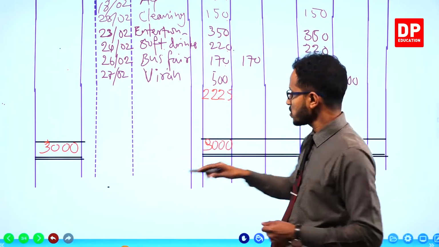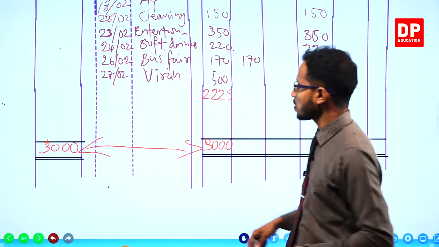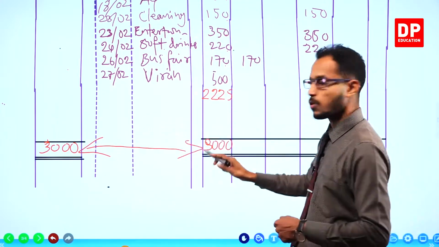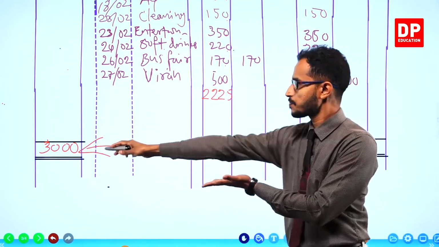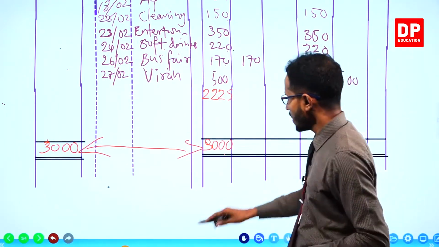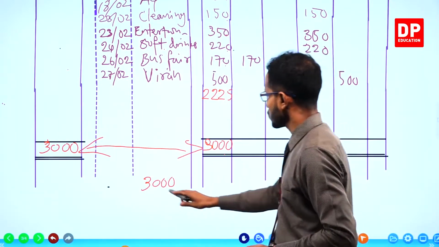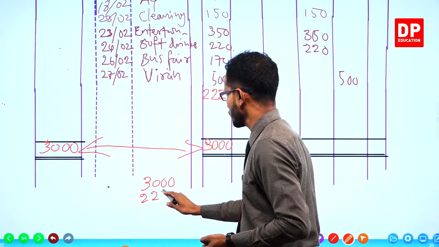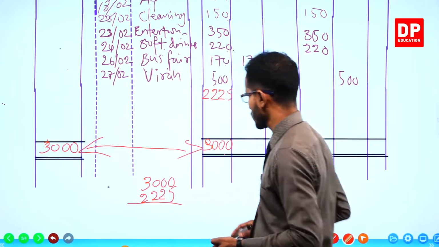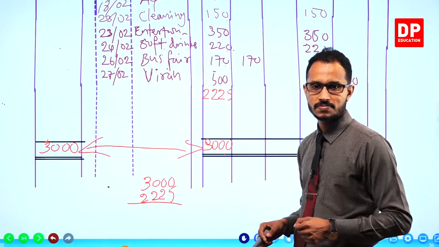But in the sum box, you have mentioned the sum total of the received column in both sum boxes, right? Okay. Now what you must do is subtract 2,225 from 3,000 and take the difference. That is the balance.